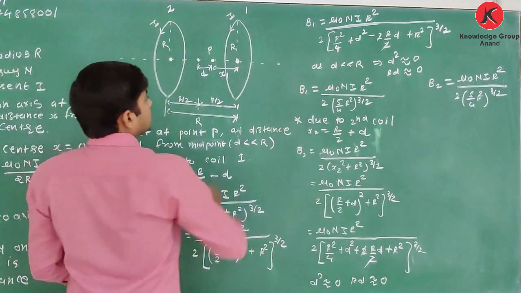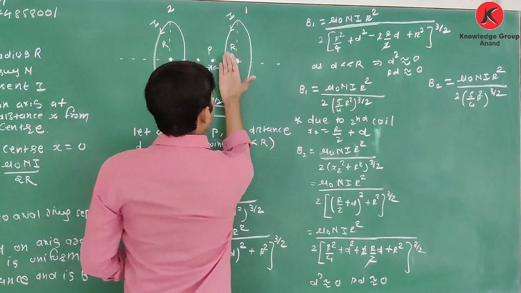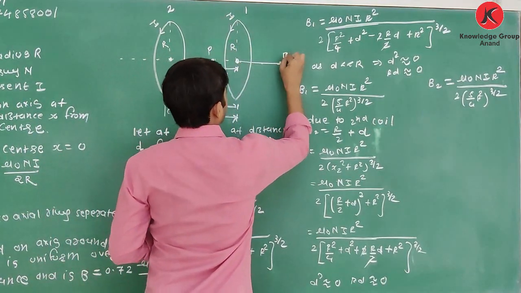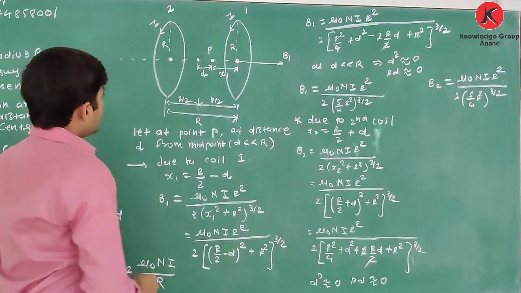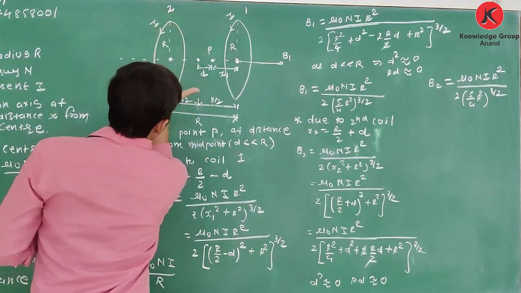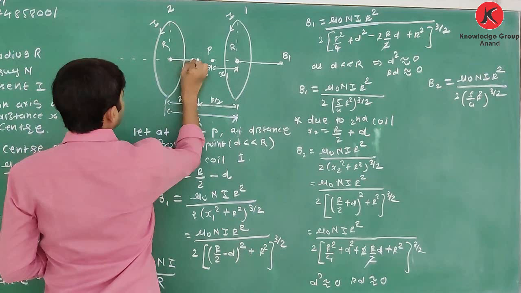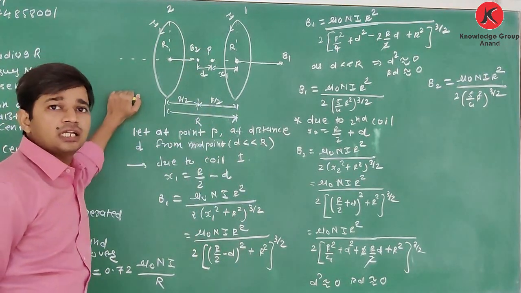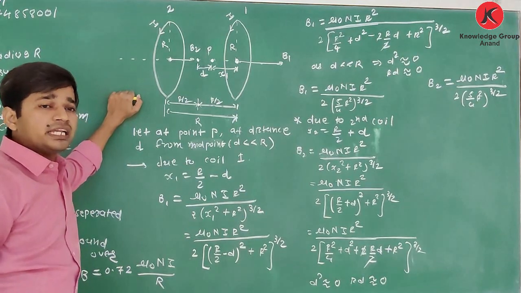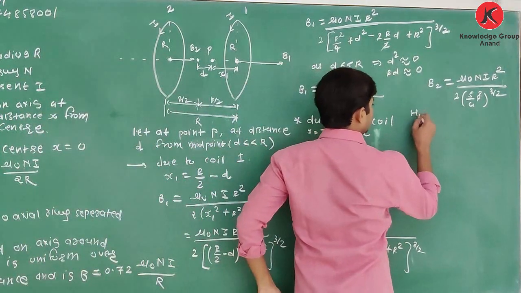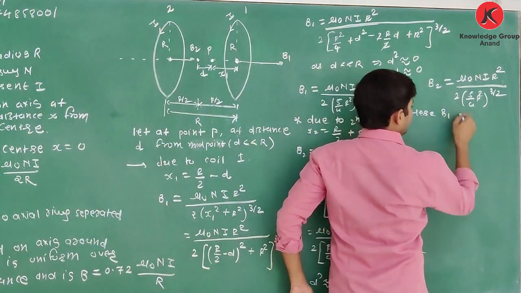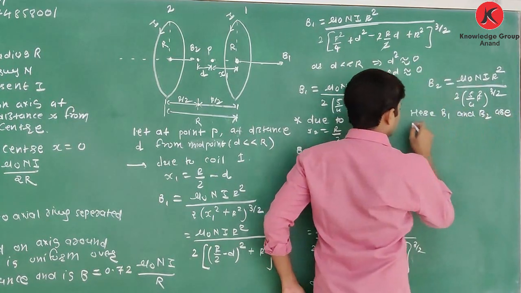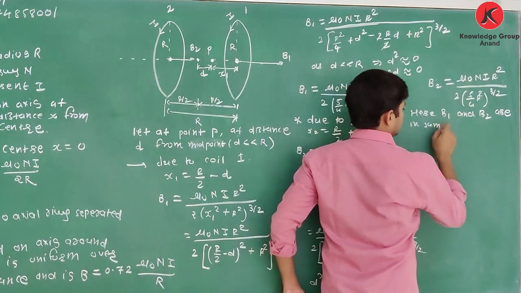For this first coil, current is flowing in this direction, which means B1 is in this direction. Yes or no? In this coil, current is again flowing in this direction, which means B2 is in this direction. Yes or no? See, this B1 and B2 are in the same direction.